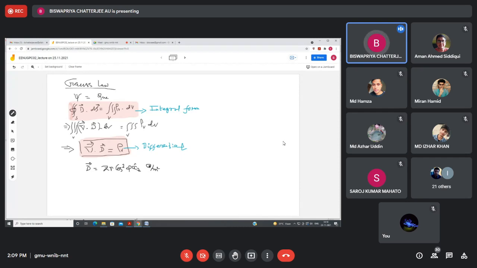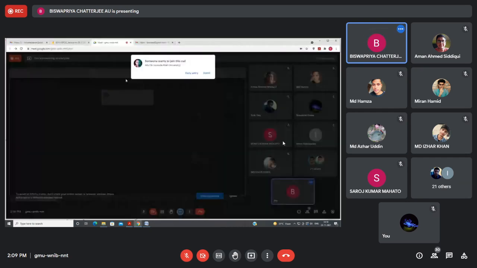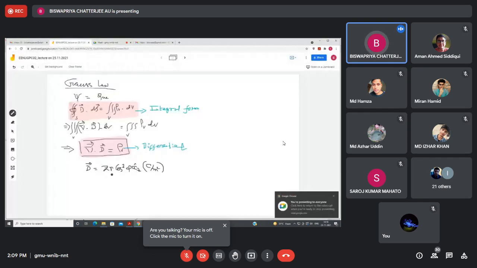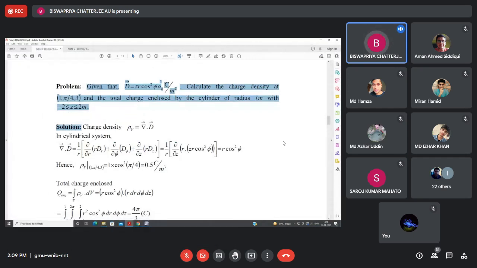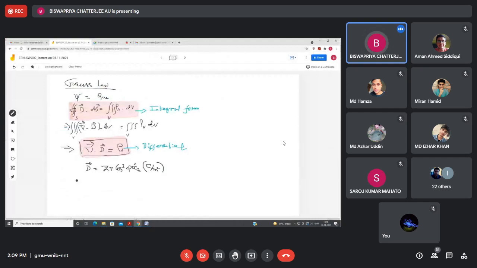Flux density is given by this z r cos square phi az cap. You need to calculate the charge density, that is rho v, at the point 1, pi by 4, 3.